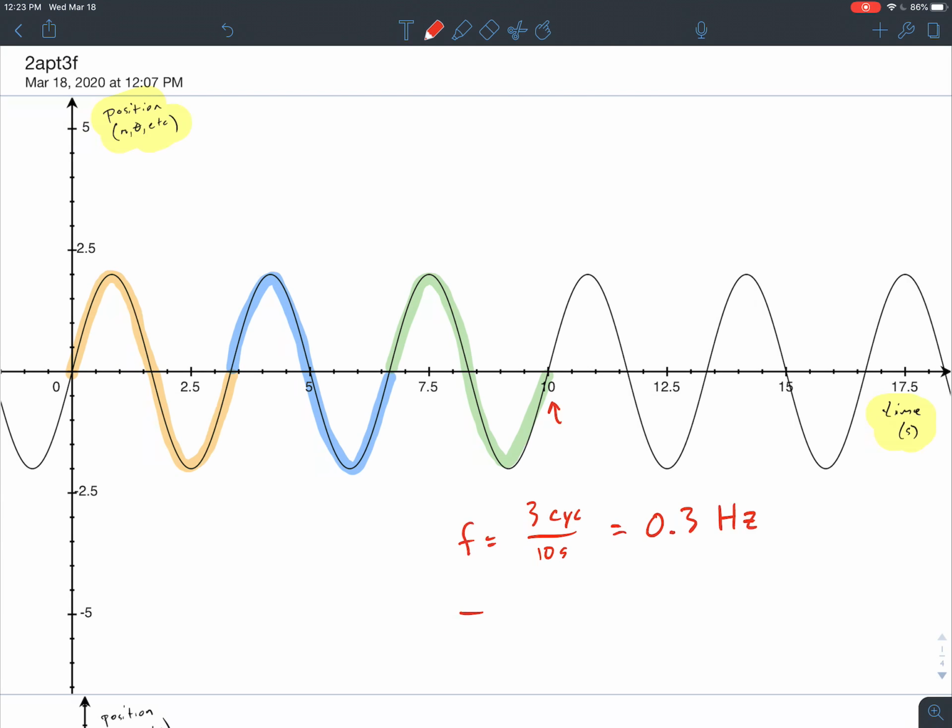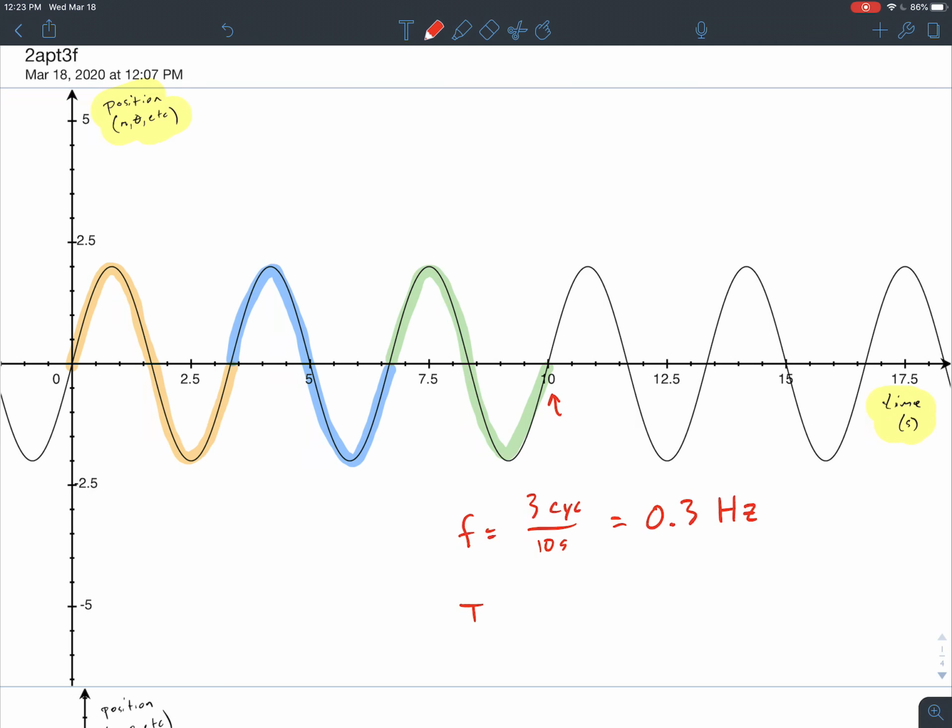To find our period, the time it takes to go 1 cycle, it's just this inverse, 1 over f, the time it takes, which is 10 seconds, to go 1 cycle divided by 3 cycles. 3.33 seconds. Is that right? Math's hard. Brain's not all there. Yeah, 3 times 3 is 9.